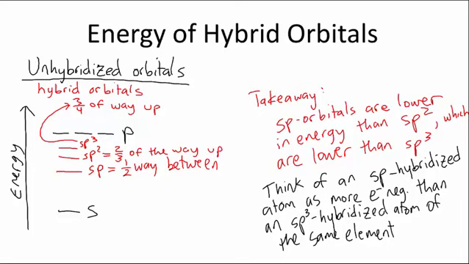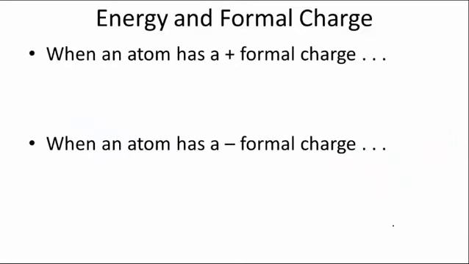That terminology might escape me for a minute, but I might remember that sp acts like it's more electronegative. So having that separate description allows me to still use the same concept. All right, and then one more thing that's going to affect the energy of orbitals would be formal charge. We've seen this before.